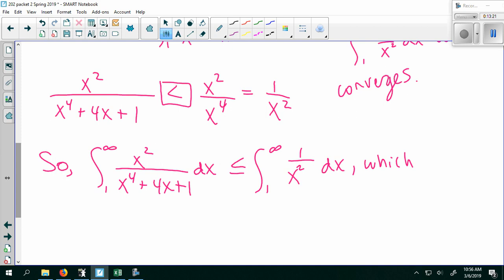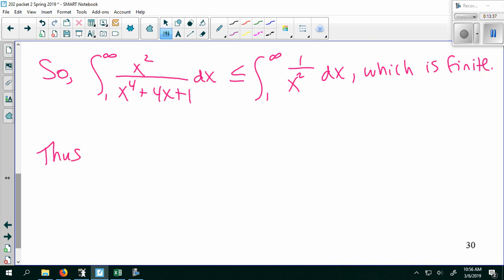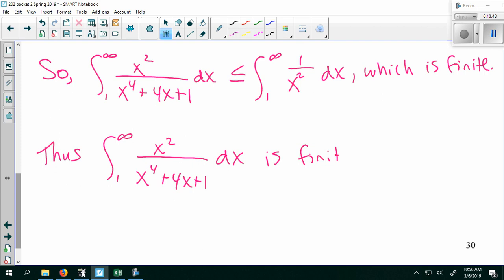You could say converges or is finite, if that helps you think about it. It helps me think about it. Okay. So my integral is smaller than a finite number, which means that my integral converges. Thus, the integral from 1 to infinity of x squared over x to the fourth plus 4x plus 1 dx is finite, and so converges.